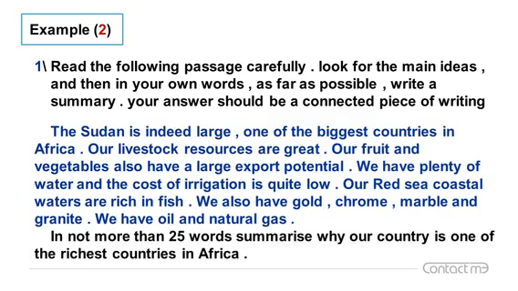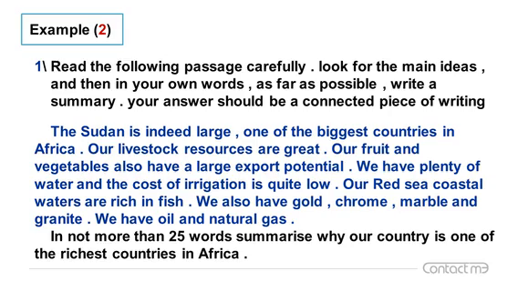The passage. The Sudan is indeed large, one of the biggest countries in Africa. Our livestock resources are great. Our fruit and vegetables also have a large export potential. We have plenty of water, and the cost of irrigation is quite low. Our Red Sea coastal waters are rich in fish.